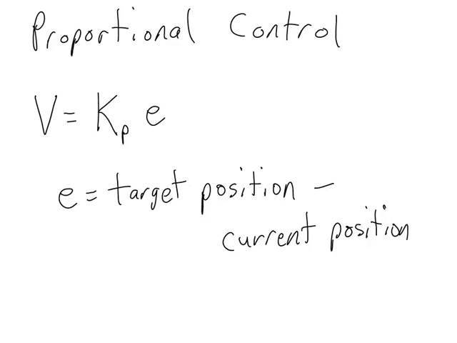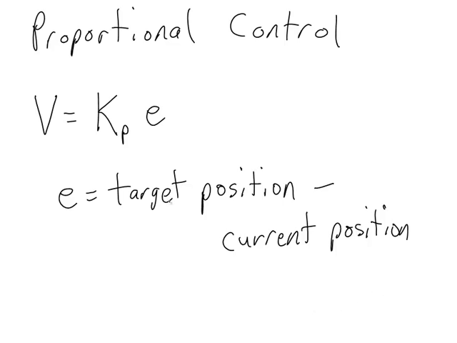By doing this, we will have a voltage of 0 volts when the target position and the current position match. That situation is the same as what we have in on-off control. We want the motor voltage to be 0 when the motor is in the correct position.